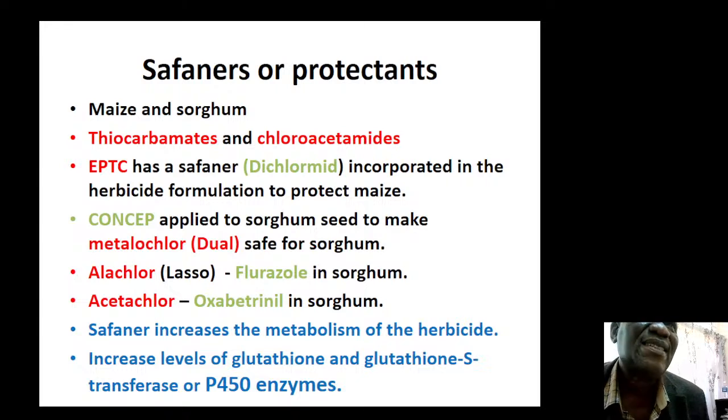We talked about the safeners and the protectants in maize and sorghum. Normally, the herbicides belong to the group thiocarbamates, for example EPTC, and chloroacetamides, which is metolachlor, alachlor. EPTC has a safener known as dichlormid, which is already formulated in this herbicide to protect maize.